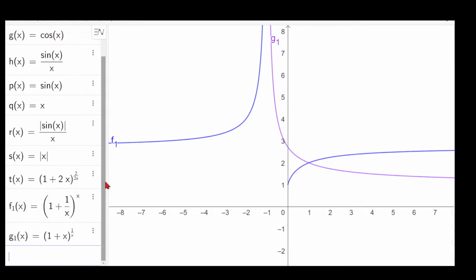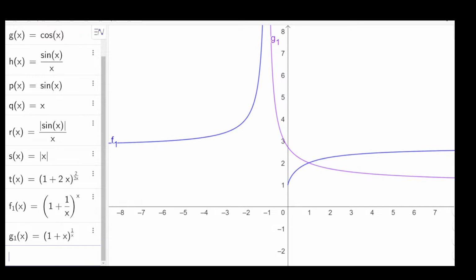Continuity means the function should be defined and that value should be equal to the limit. But this is important for limits, that's why we are discussing this. (1 + x)^(1/x) is actually equal to e when x tends to 0. Similarly, when x tends to infinity, (1 + 1/x)^x should be equal to e.